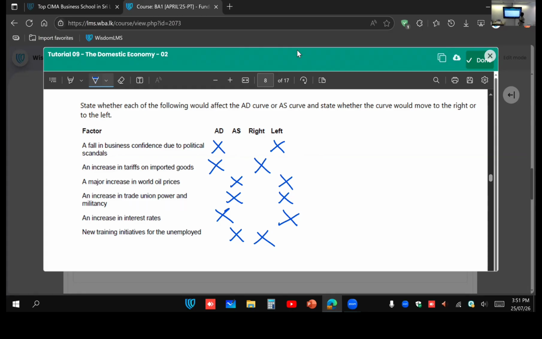A fall in business confidence due to political scandals. Right. So again, imagine the political system was so unstable previously, and as a result, what happened to the business confidence? When you say business confidence, what happens? The general public is having the confidence that this particular business would flourish.